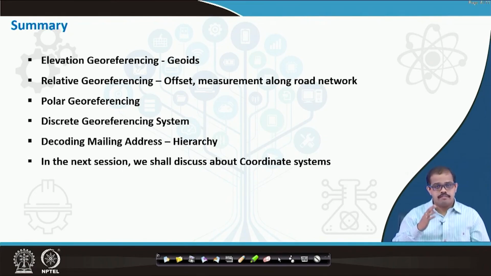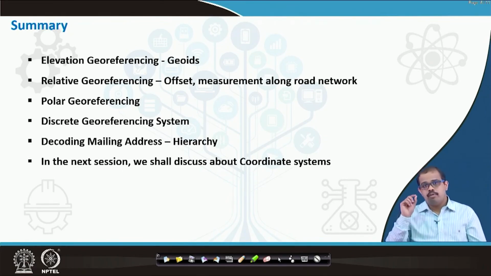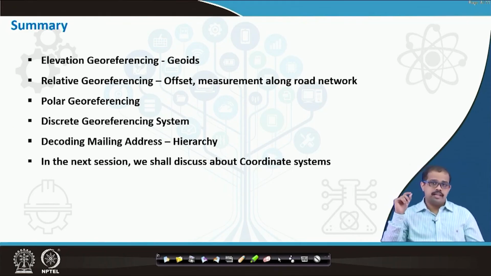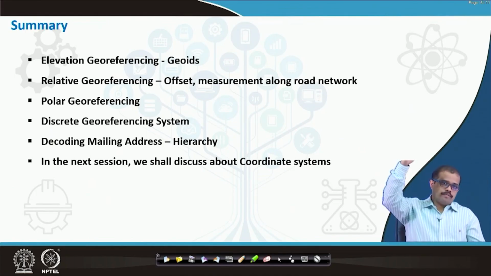Then we looked at different discrete georeferencing systems, and importantly the mailing address. When we looked at the mailing address, we understood it is more of a hierarchical approach. When I say hierarchical approach, it starts from the bottom of the table and goes up to the top of the table.